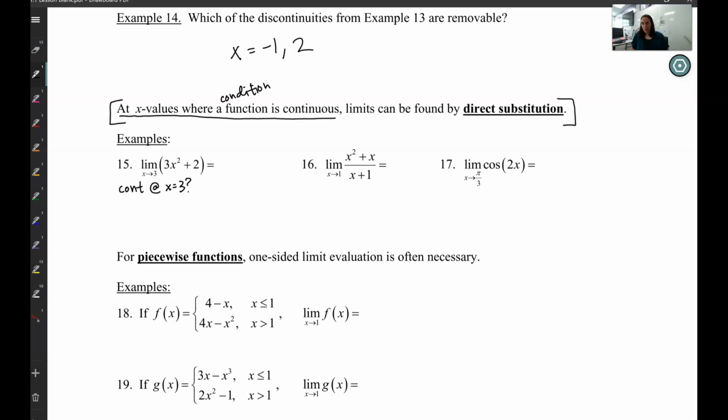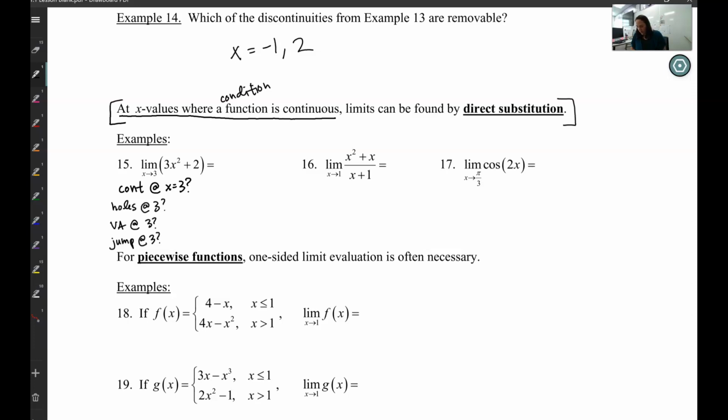To prove that, we need to go through our discontinuities. Holes at 3? Are there any vertical asymptotes at 3? Or are there any jumps at 3? And if the answer to all three of those is no, then we know it's continuous.